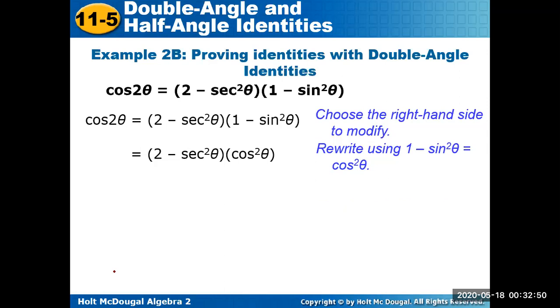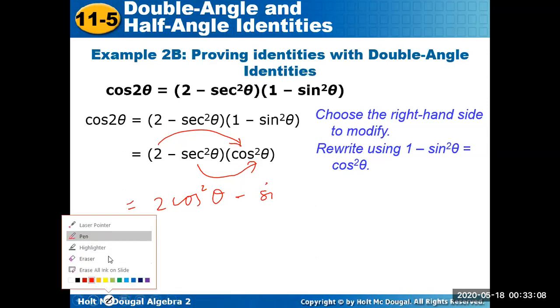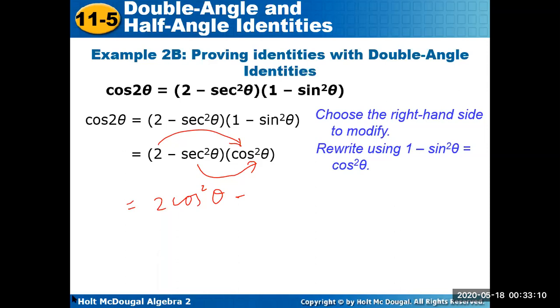So 2 multiplied with cosine square, and then sec square theta multiplied with cosine square. So 2 multiplied with cosine square theta is 2 cosine square theta minus, sorry, not sine, just sec. So here you'll write sec square theta multiplied with cosine square theta.